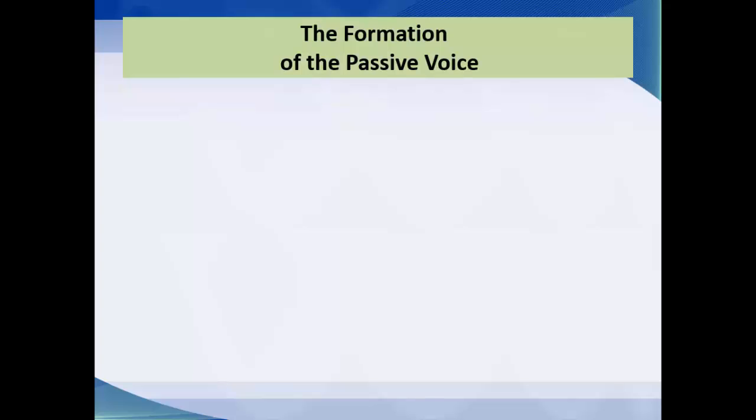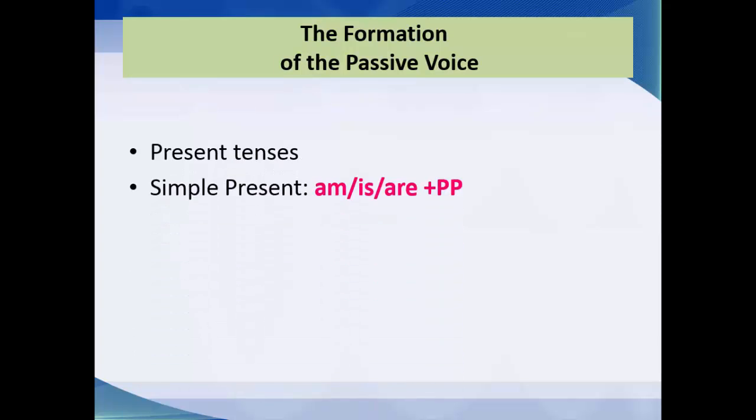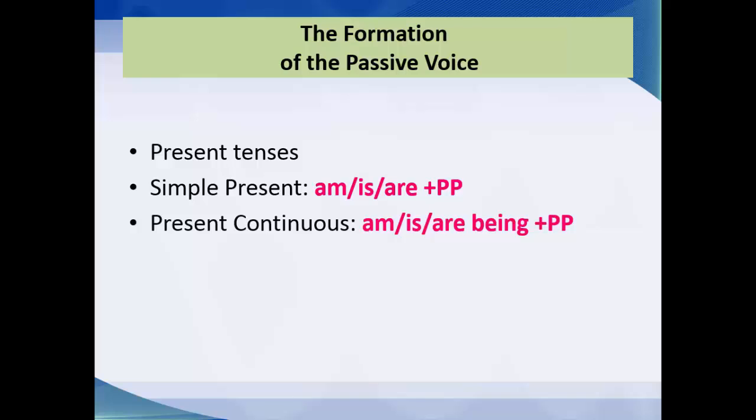The formation of the passive voice. In the present tenses, firstly the simple present: am, is, or are, plus past participle. In the continuous tenses, I'm using am, is, or are being, plus the past participle.